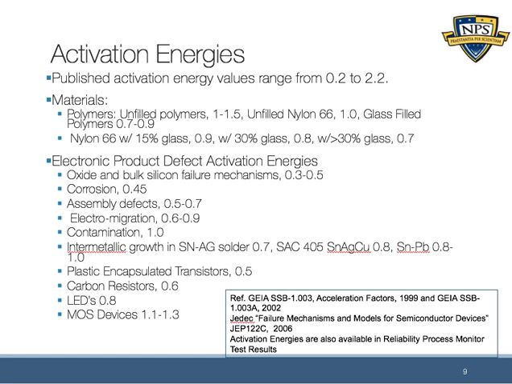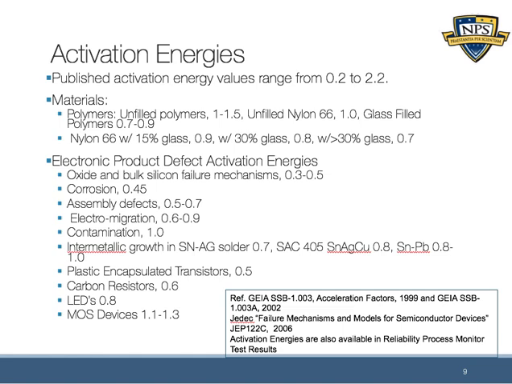So first, a little bit on activation energies. The values of these range anywhere from about 0.2 to 2.2, so they don't actually cover a huge range. Obviously, they'll change the result a fair amount, but they don't have a huge range of values. This second bullet point gives an idea of what sorts of materials have what sorts of values.